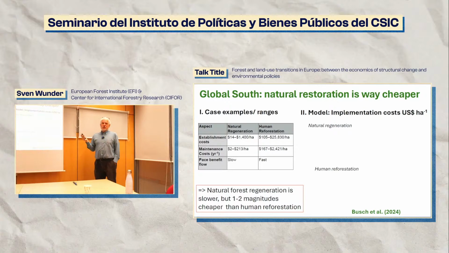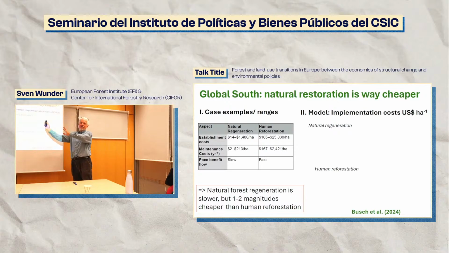So just to also look at the global south, what do we know there about natural restoration versus reforestation, replanting forests? Jonah Busch's meta study was trying to model and extrapolate some of the estimates we have out there.